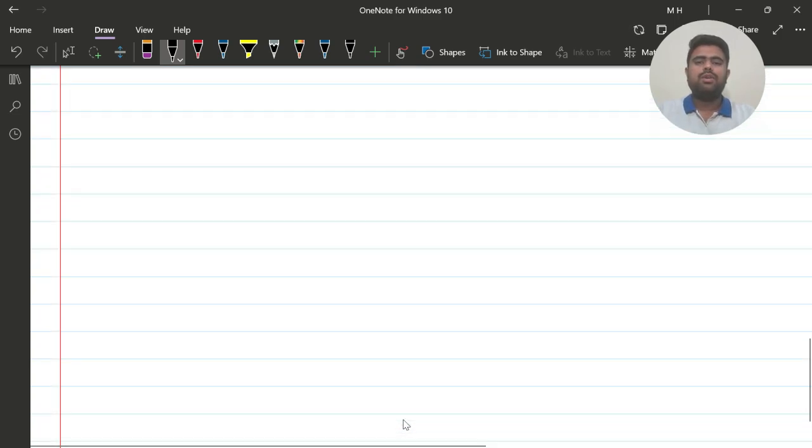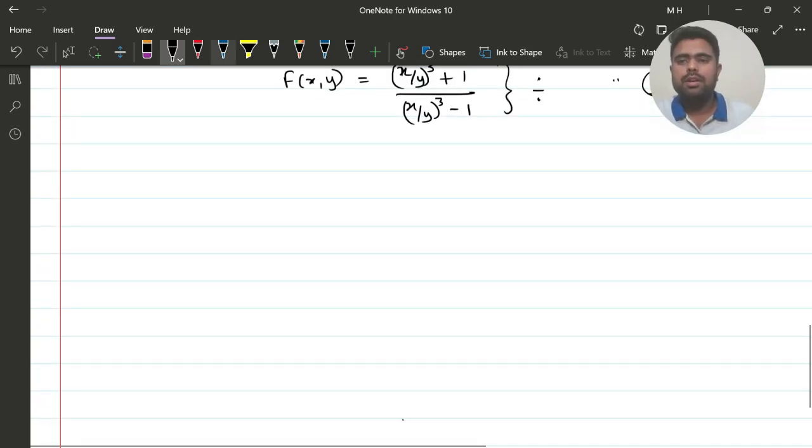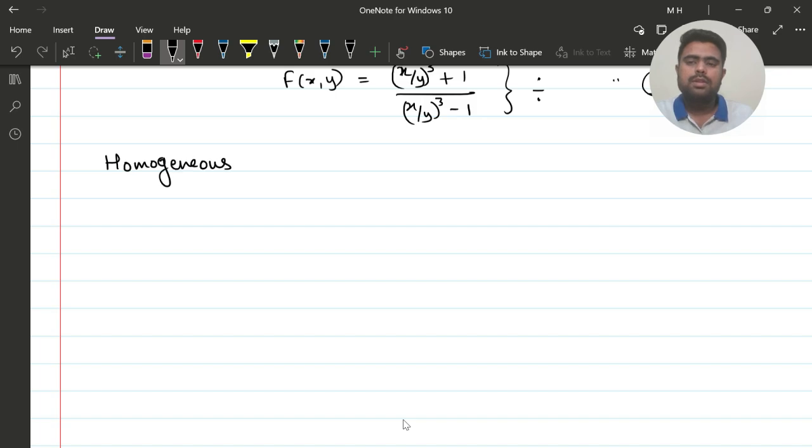Now to define a homogeneous differential equation. Okay, I will now define a homogeneous differential equation. A differential equation dy by dx is equal to f of x comma y.